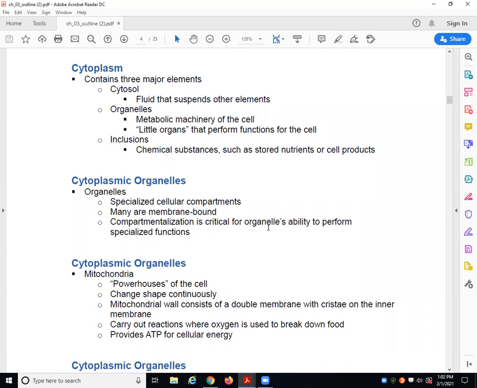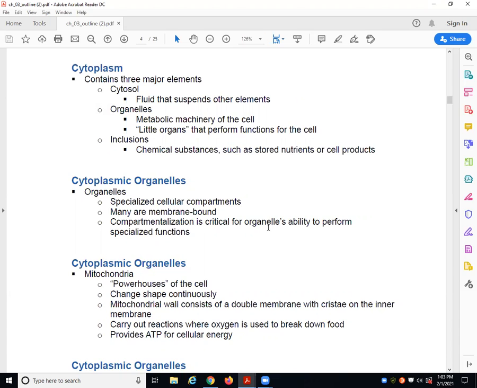The cytosol is the fluid in the cytoplasm. It's what's surrounding and suspending the other components. The organelles are like little organs performing functions inside the cell. They are your metabolic machinery. They're the ones doing chemical reactions. That's what metabolic means. And you've got inclusions.